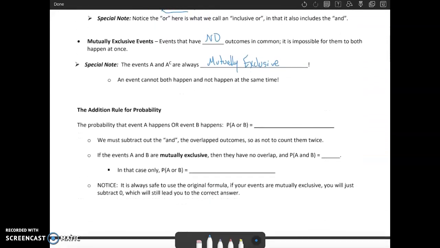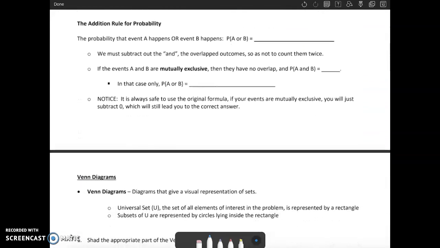This leads us to the addition rule for probability. The probability that A happens or B happens, so the probability of that union, A or B, is calculated by taking the probability of A plus the probability of B, and here's the key, minus the probability of A intersect B. This you need to know, memorize it.